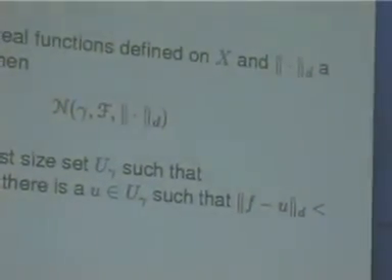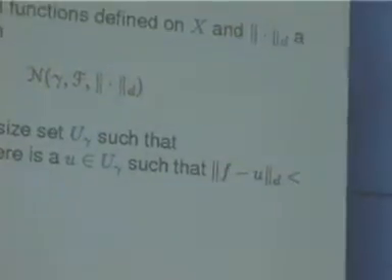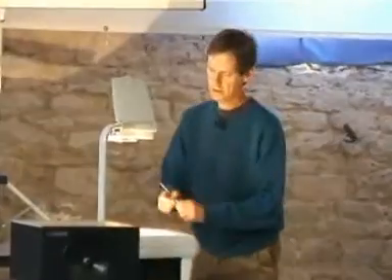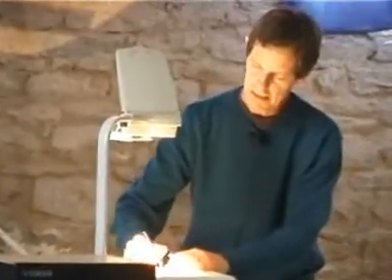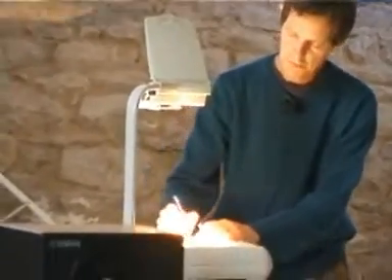Maybe I'll draw a diagram to illustrate this. If you think of your set of f points, what you're effectively doing is trying to find a sub grid or set of these points, the U gamma set. This is the whole set f, and the finite set is going to be the U gamma.